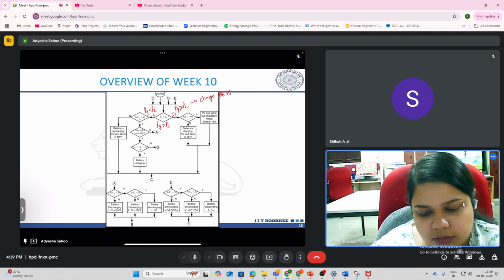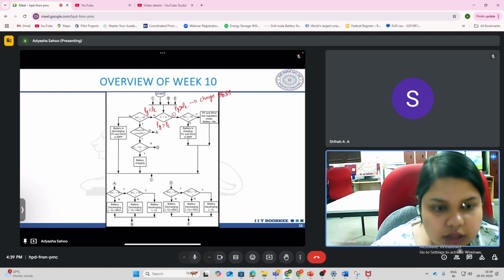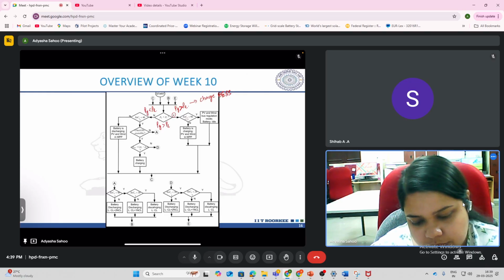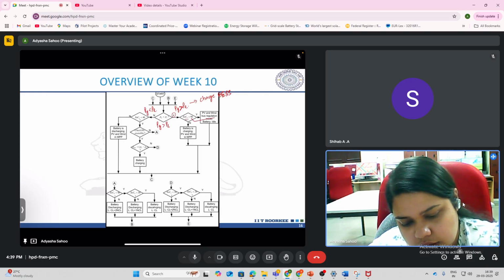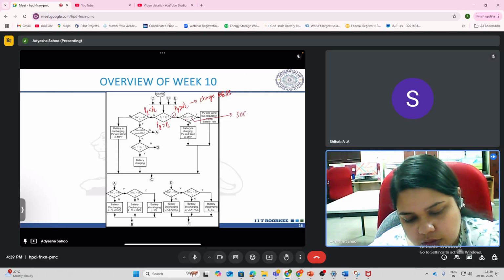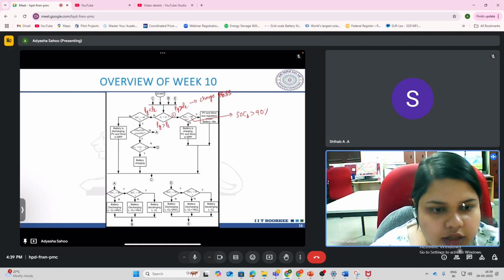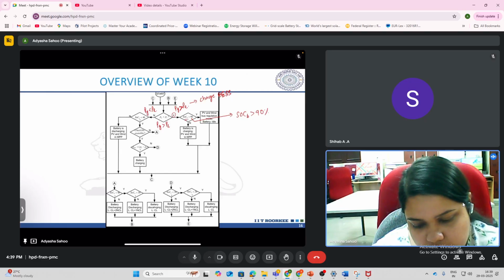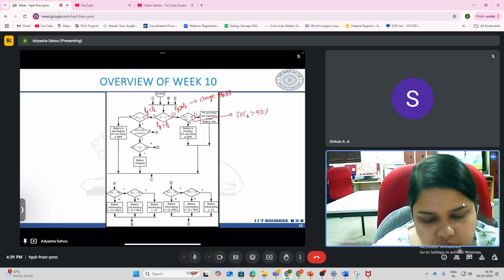Now whether the battery can charge or not will depend upon its SOC. So next you check the SOC of the battery, whether it is greater than 90%. If it is greater than 90%, then you cannot charge the battery. If yes, then you cannot charge. That means there will be no MPPT mode of operation.